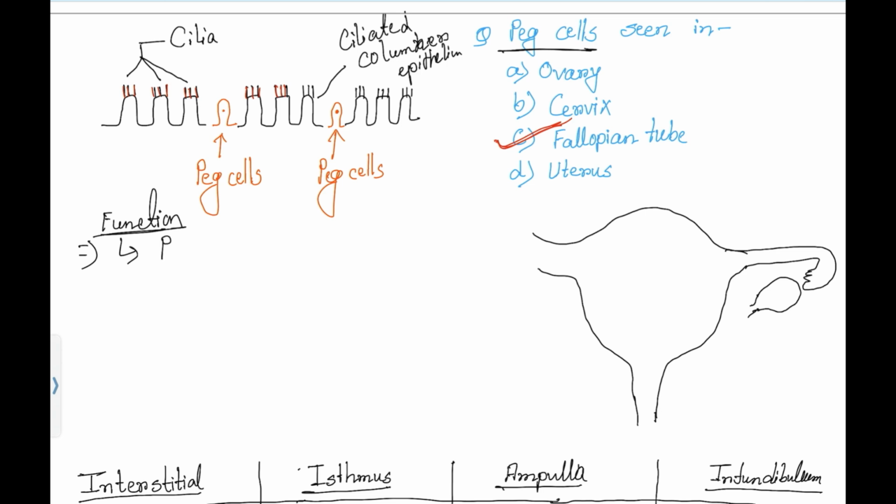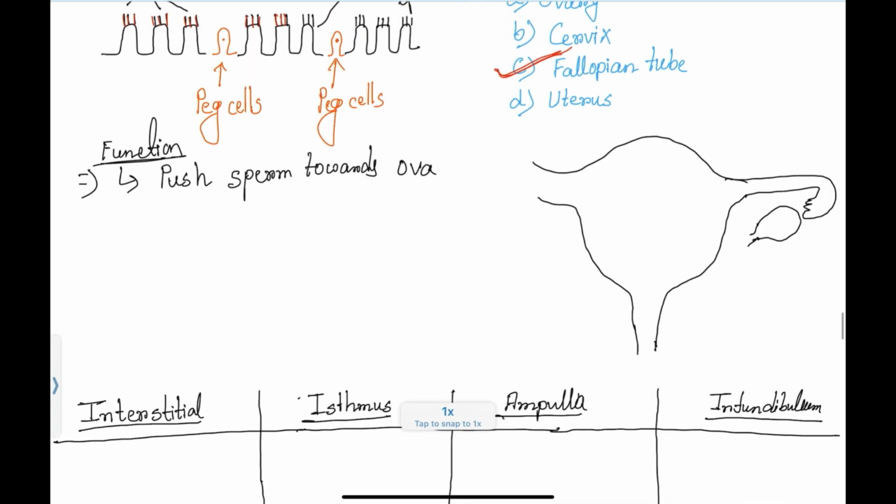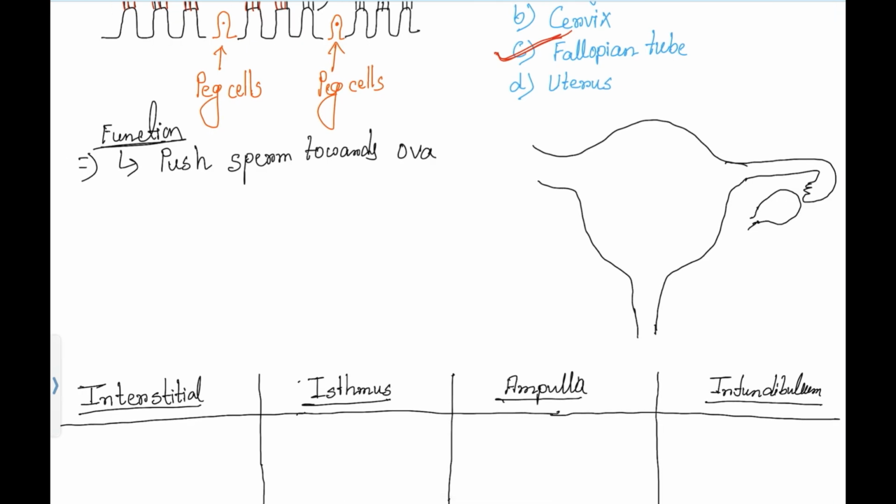I will draw the structure again. First I will write: push sperm towards ova. How will it push the sperm towards the ova? Let's think, this is the structure of the uterus along with the fallopian tube and ovary. After intercourse, the sperm will enter through the vagina or introitus towards your fallopian tube, particularly the ampulla portion.